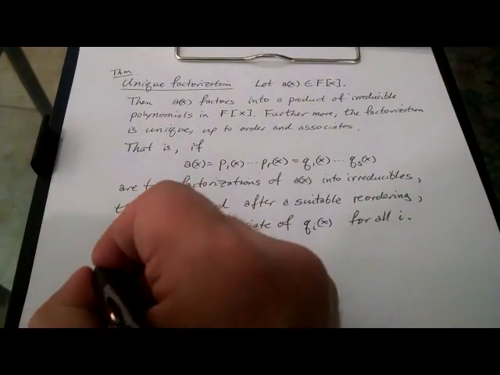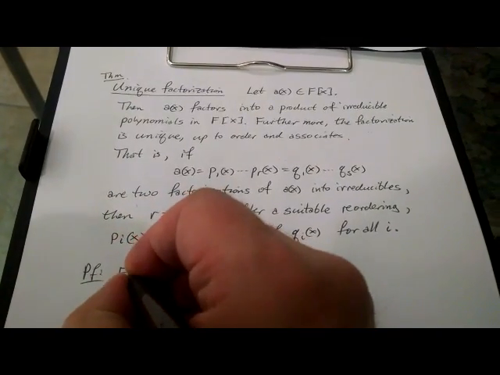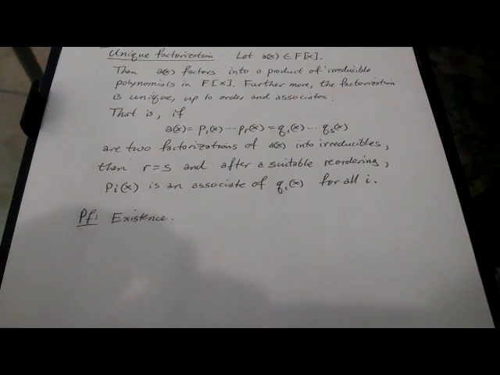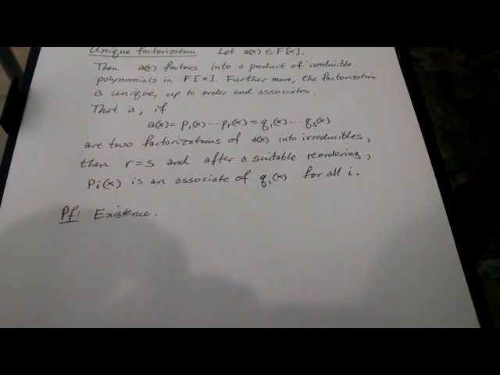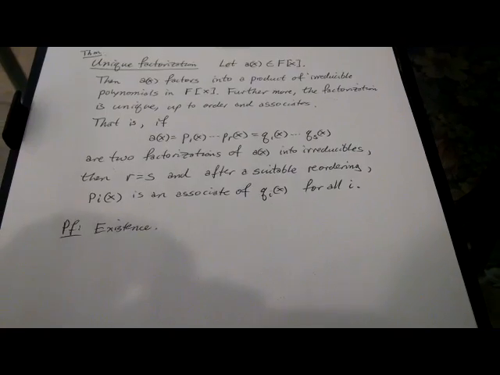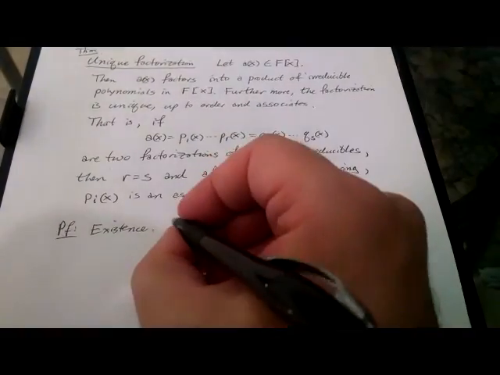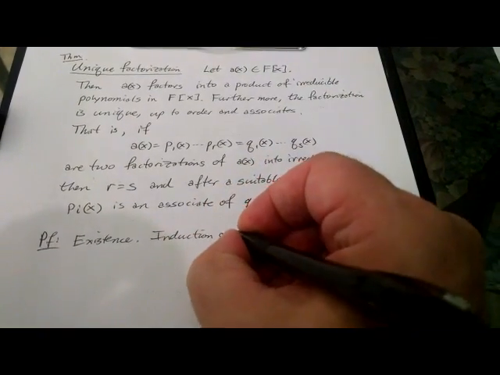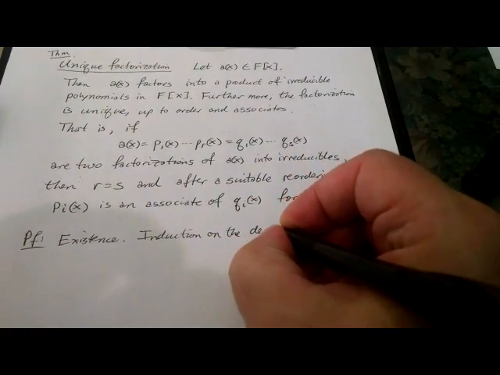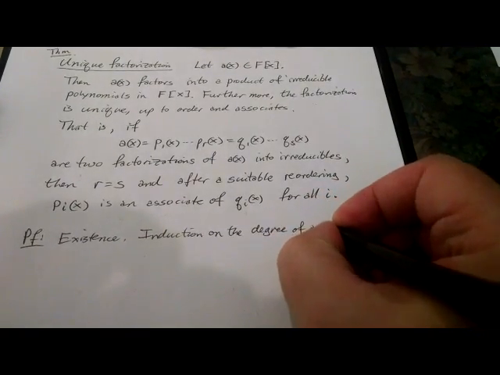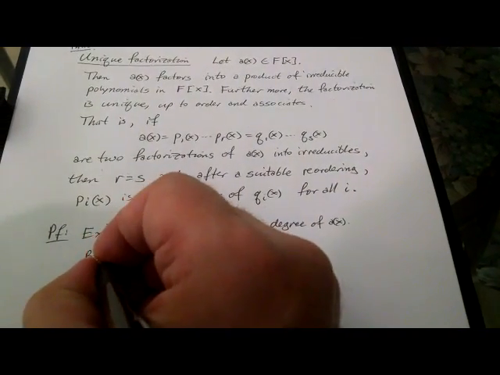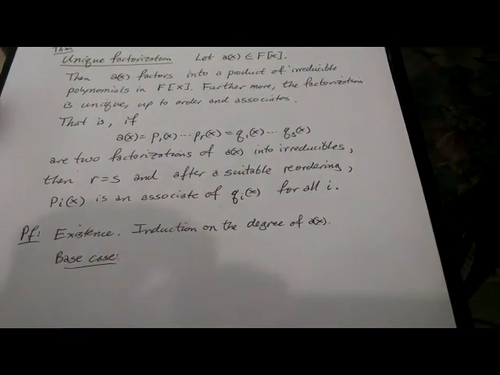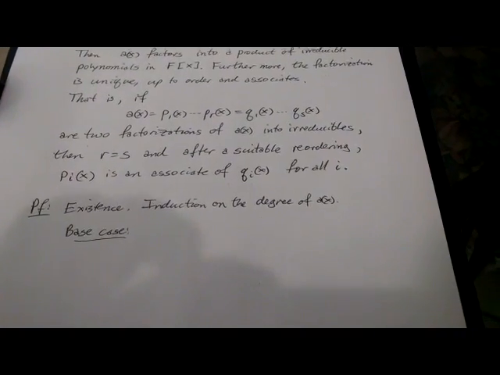So let me do existence first. And this is done using induction on the degree of a of x. And our base case, well, it's a little bit unusual in the sense that we don't start with an a of x of degree 1.